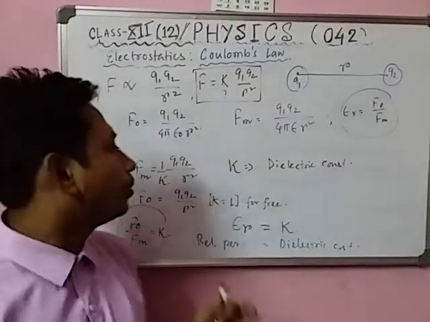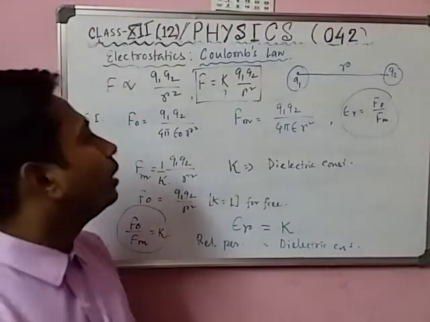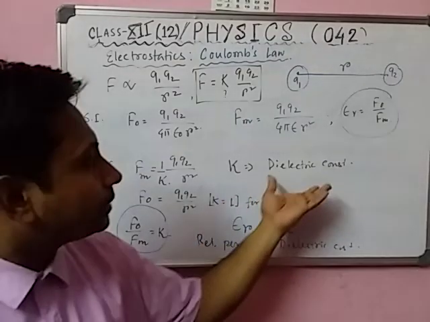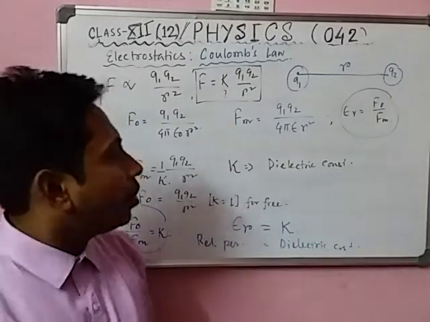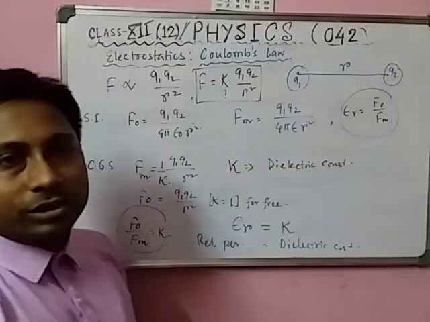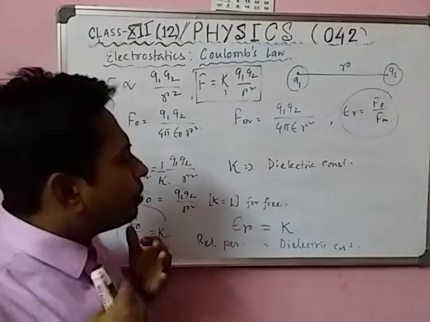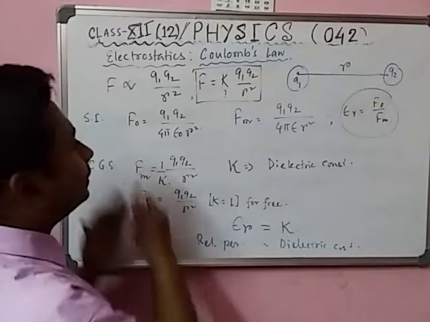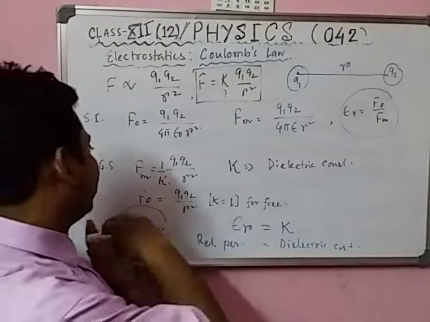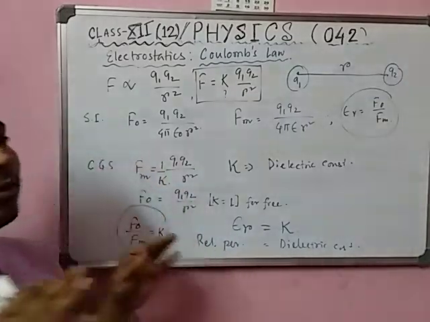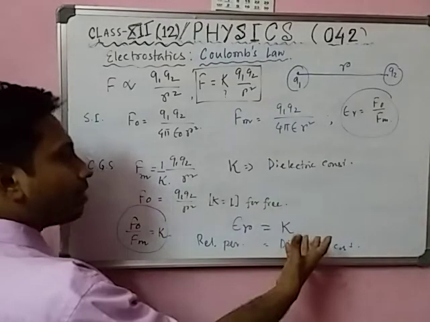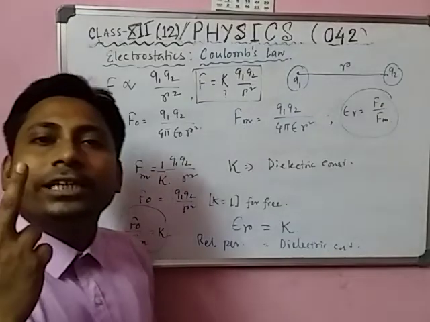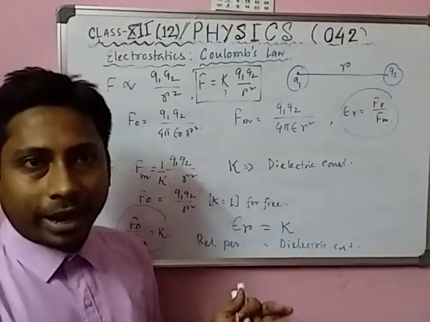So students, this is all about Coulomb's law. Please pause the video, copy the whole thing and understand properly what is called dielectric constant, when you put the dielectric constant for the CGS case. In your exam you need to write in the SI system, not CGS, but you have to know what a dielectric constant is.